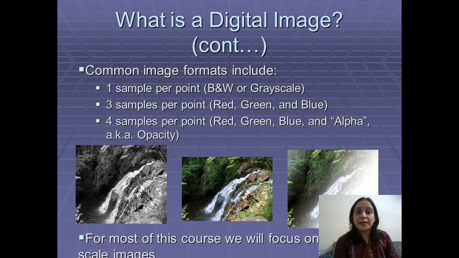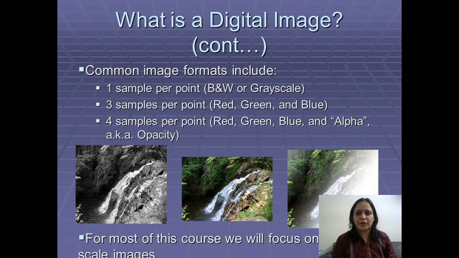If we are storing 3 samples per point, that is red, green and blue, RGB values, we call it a color image. And one more dimension that you can store so that you can give the 3D impact, we call it alpha or the opacity of the object. Normally for 3D scenes we have to store this particular image.